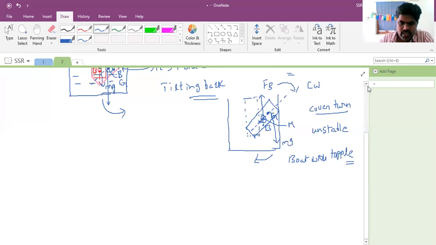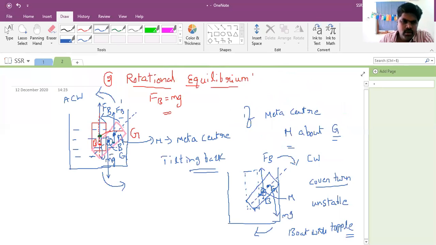So this is about understanding rotational equilibrium. Two important points: one is the metacenter and the other is the center of gravity. The intersection of the initial line and the inclined line is the metacenter. If the metacenter is above the center of gravity, then it will tilt back.